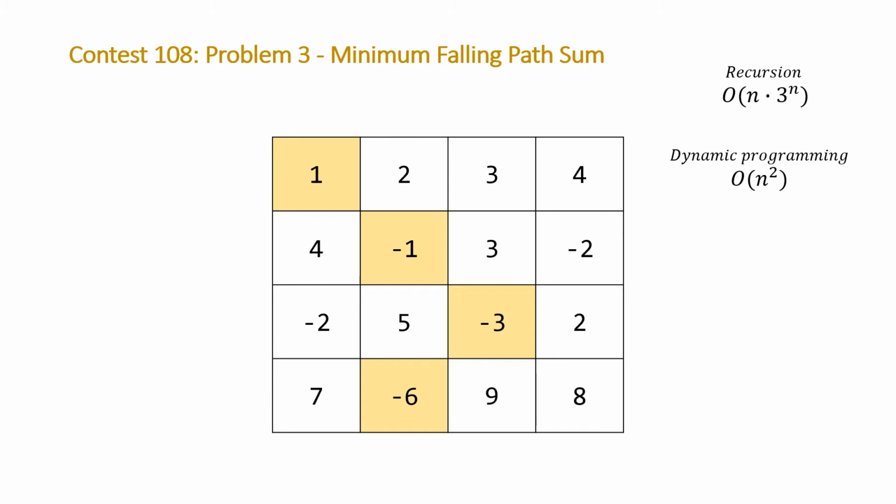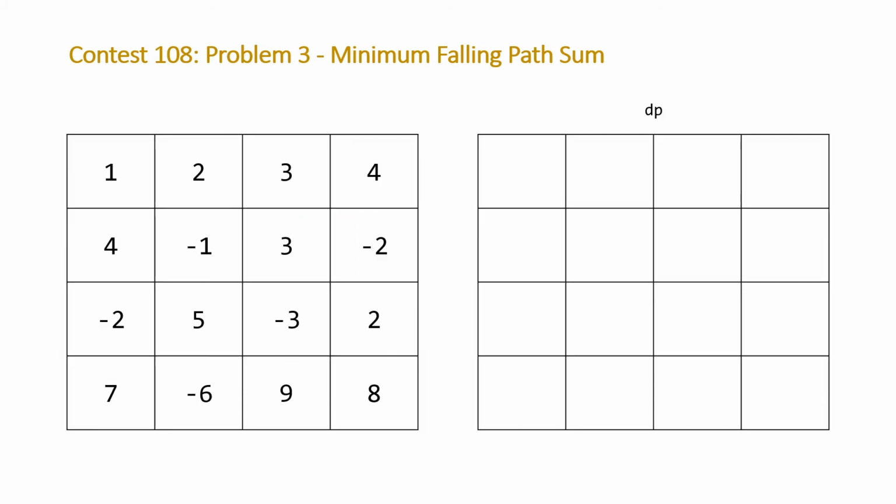So let's take a look at how we would go about implementing this dynamic programming solution. The first thing we're going to need is our 2D DP array, and it's going to have the same dimensions as our 2D array A that we start with, and we're going to initialize the first row of our DP array to be equal to the first row of A. Once we have this, what we need to note is that getting to any one of the cells in the next row only has 3 possible paths.